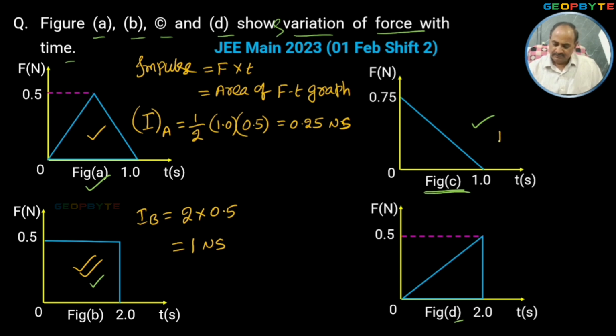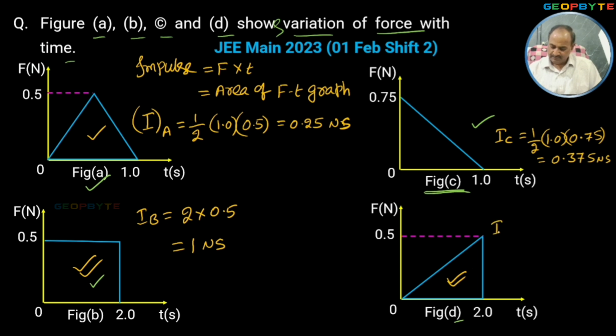Similarly, impulse for C, it is also a triangle, half into base into height 0.75. It is 0.75 by 2, 0.375 Newton second. Now this is also a triangle. The impulse for D equals half into base into height 0.5, which is 0.5 Newton second.